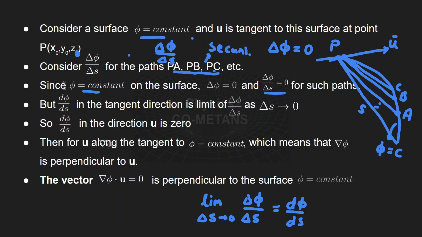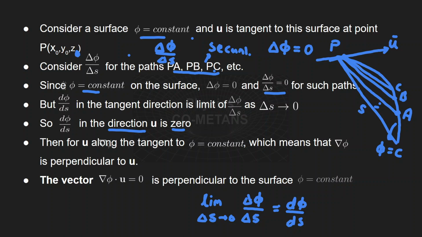This line will go from here to here like this, like this, and finally it will become a tangent on that point P. So in the limit, all these lines will become tangent direction. So d phi by ds in the direction of u is 0.